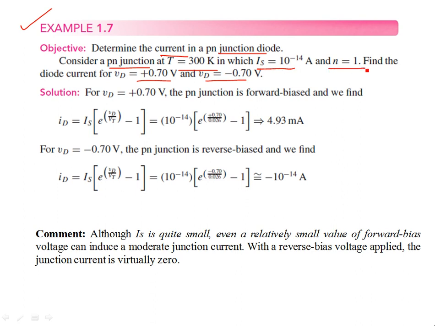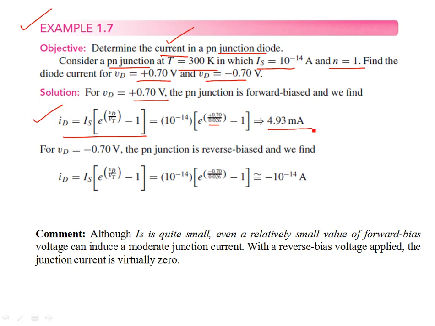The ideality factor is set to 1. You have to determine the magnitude of the current through the diode. If you plug those values in the diode current equation, n is set to 1, VT is the constant 0.026. You see that with a very small amount of forward bias voltage VD, we have a respectable milliamps junction current.